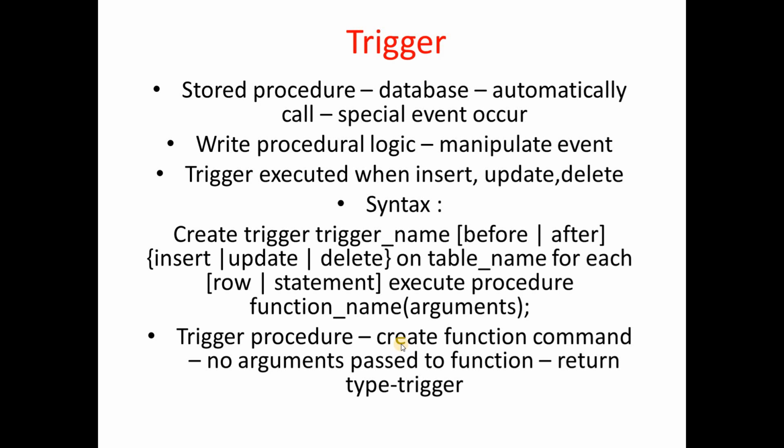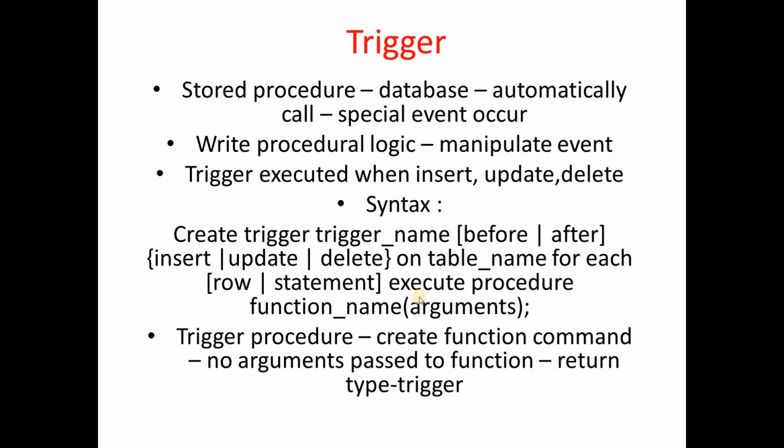Row means each and every row will be checked by applying the trigger. But for a statement, the trigger is fired only once, that means only when some procedural logic is checked. And we have to write that procedural logic, that's why we have to write a stored procedure or stored function.